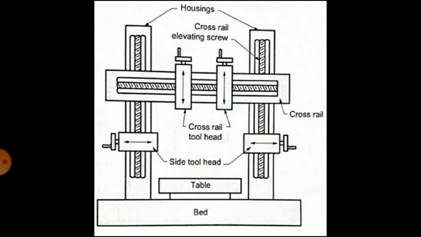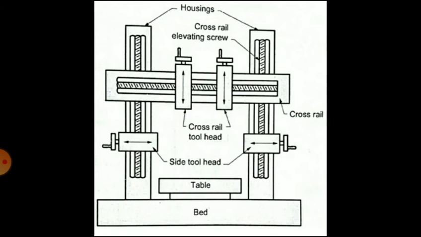Then there is a cross rail. On the cross rail, the cross rail tool heads, other tools, are mounted, which can be moved horizontally, and the cross rail can be moved in an upward or downward direction.